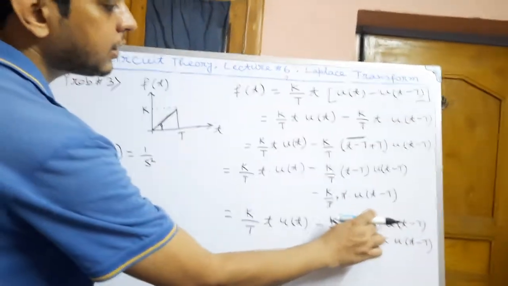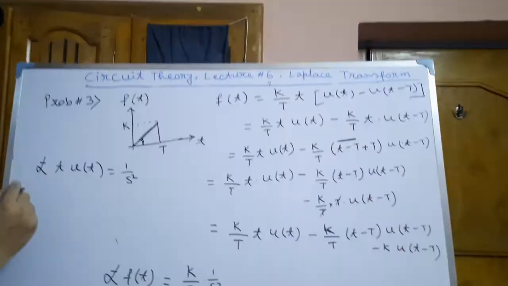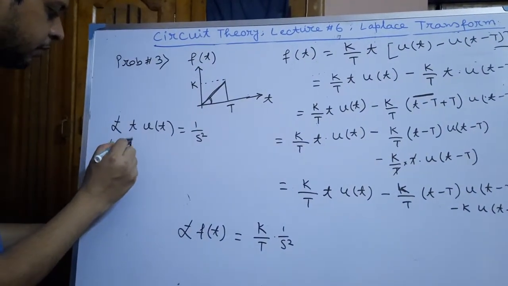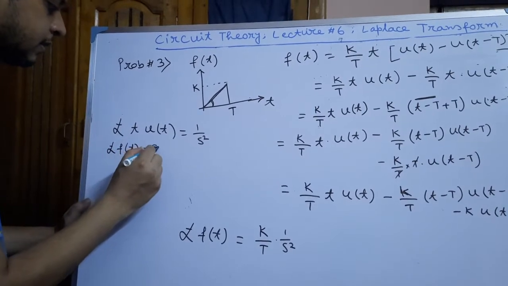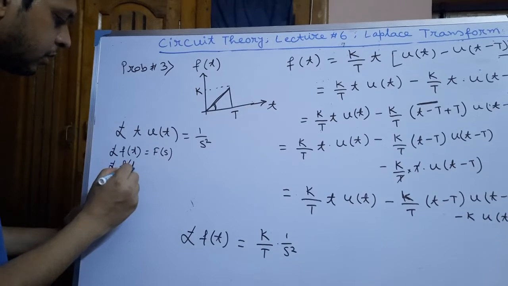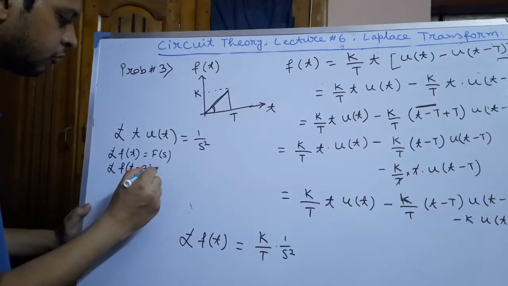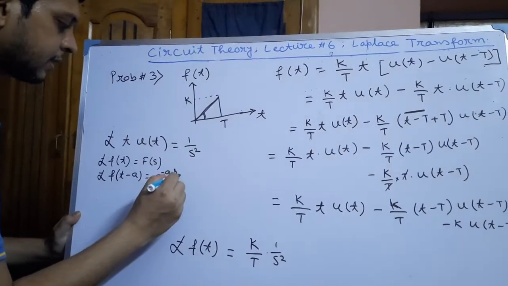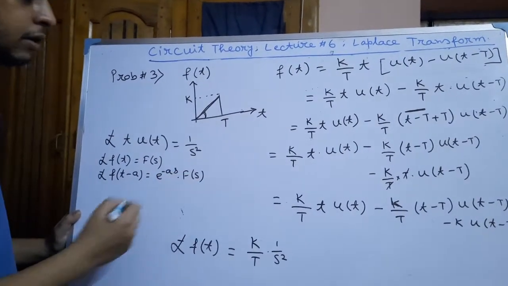The amount of the delay is T. So we all know that if the Laplace transform of f(t) equal to F(s), then the Laplace transform of f(t minus a) equal to e to the power minus as F(s).